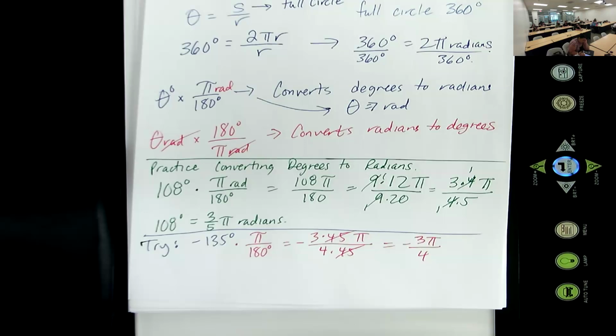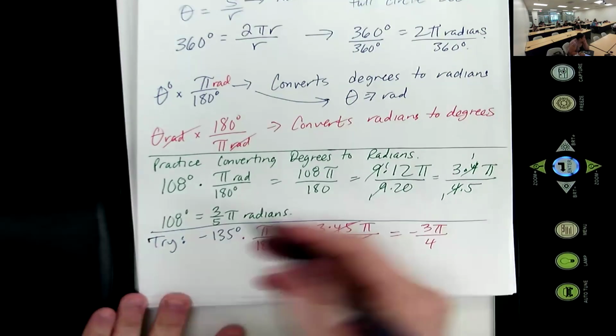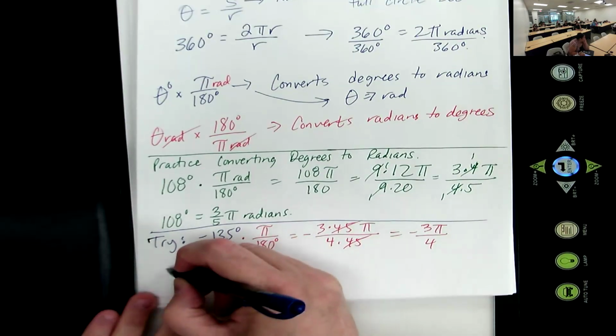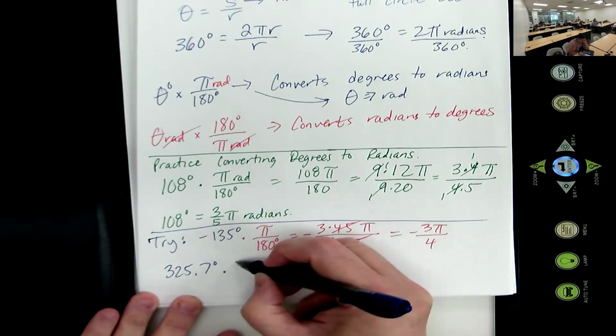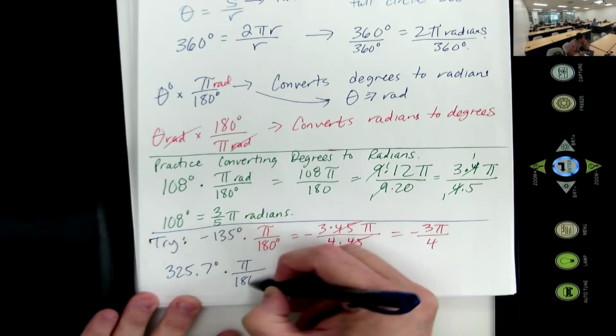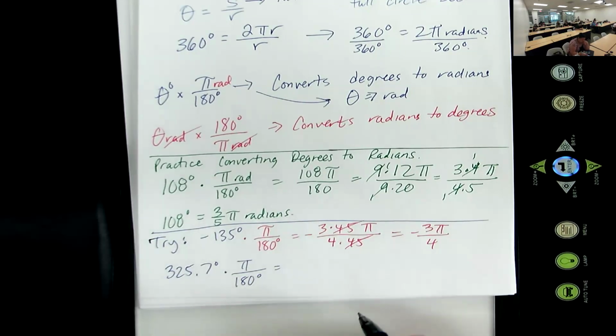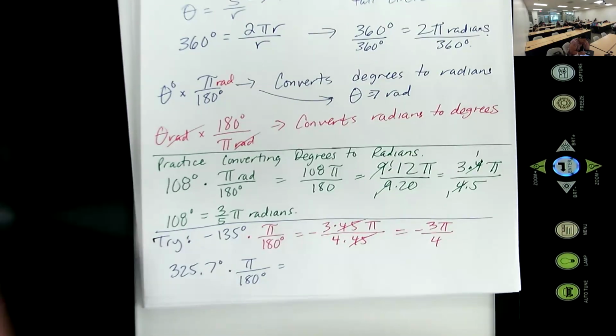If we have something like 325.7 degrees, this doesn't get very clean. You're almost stuck leaving it.